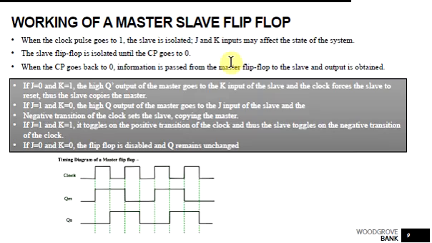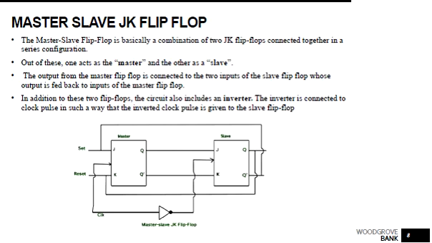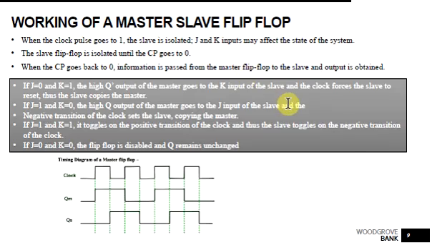For example, if J is equal to 0 and K is equal to 1, that corresponds to the reset condition. Reset condition means Q bar of the master will be high, which goes to the K input of the slave, and the clock forces the slave to reset.